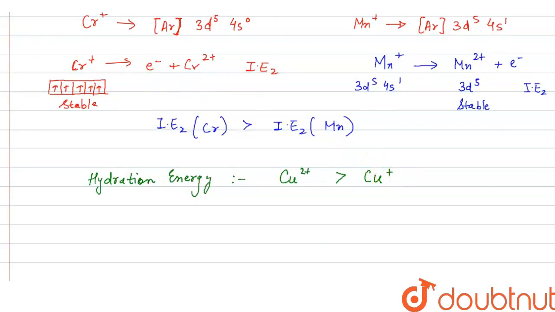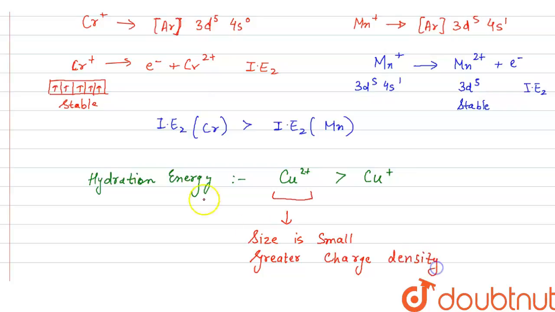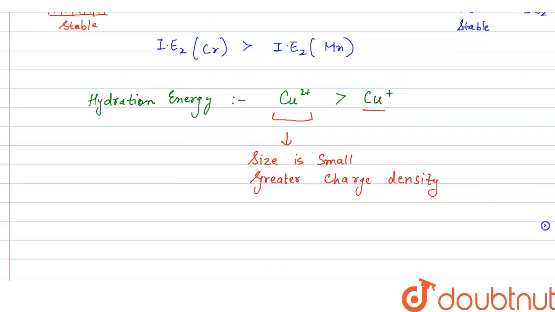In Cu2+, due to greater charge, the size is small and it has greater charge density, so it bonds strongly with the water molecules. That is why the energy released when the Cu2+ ion is hydrated will be larger in comparison to the Cu+ ion in aqueous solution.